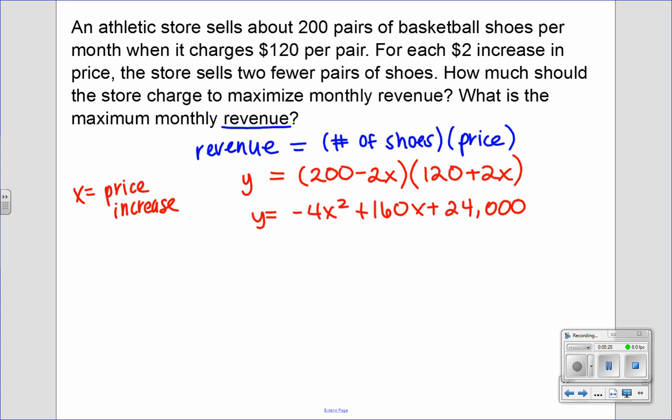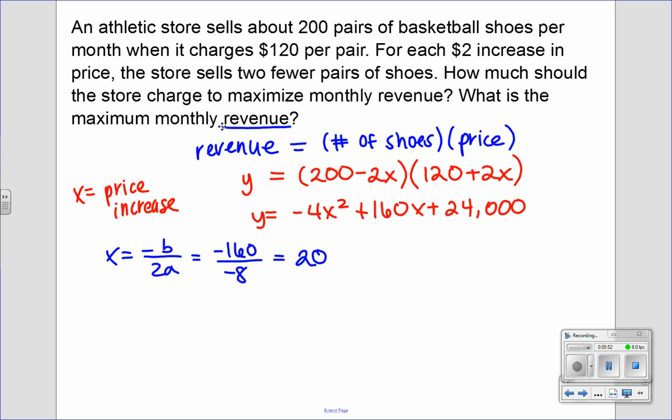And to find the maximum value, we have to find the y value of the vertex. So we have to find the vertex. And to do that, we do x equals negative b over 2a, which is negative 160 over negative 8, and that gives us 20. So we're going to plug the 20 into the function.